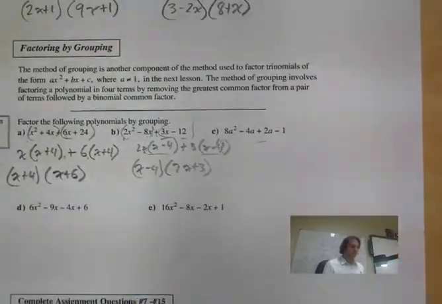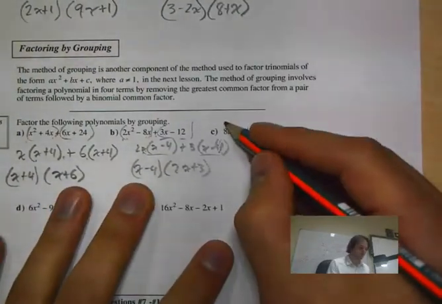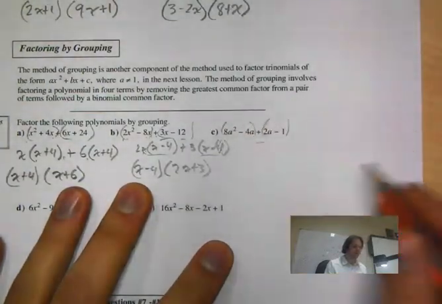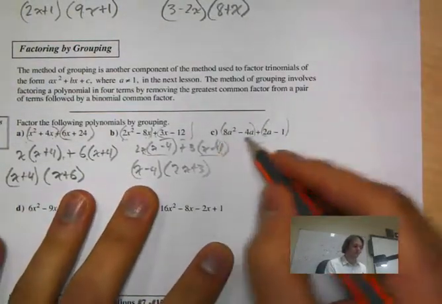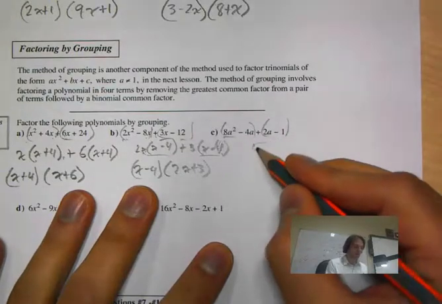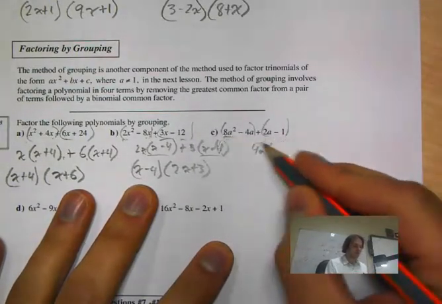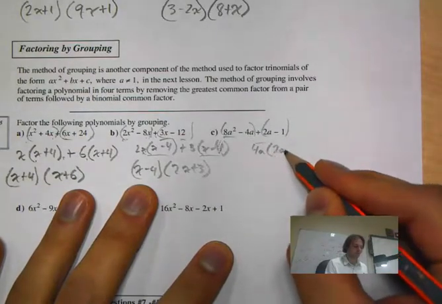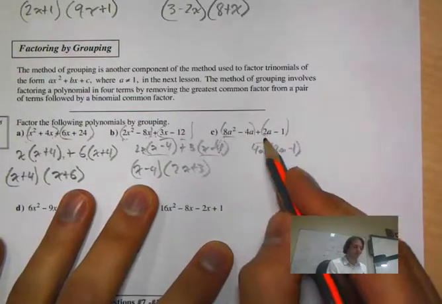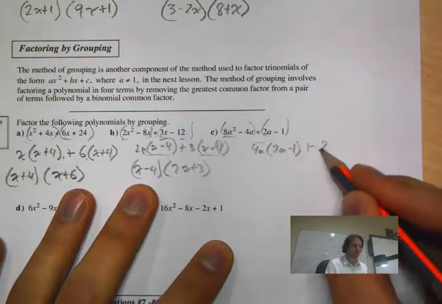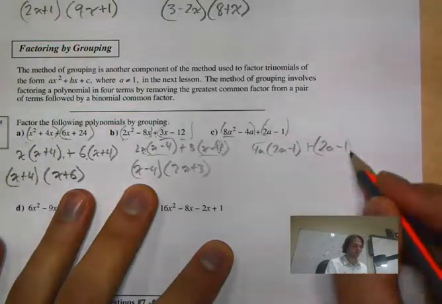So let's take a look at this one here. Same idea. Put my brackets on. I could take out here 4a. So I'm going to have 4a, and now I'm left with 2a minus 1. Here, I can't take out anything, plus 2a minus 1.